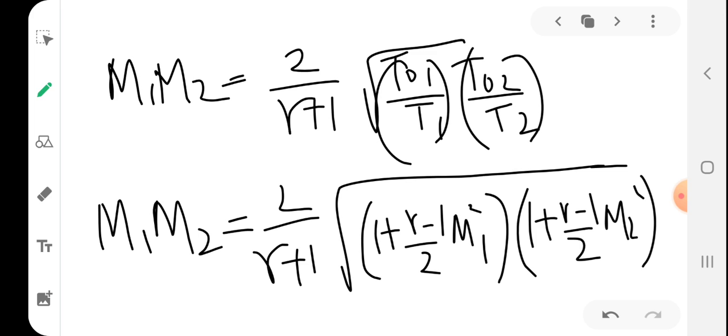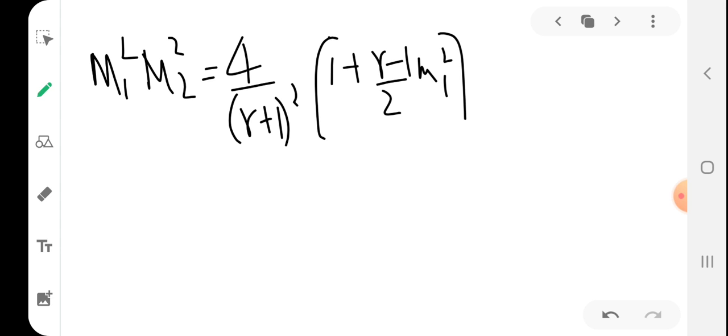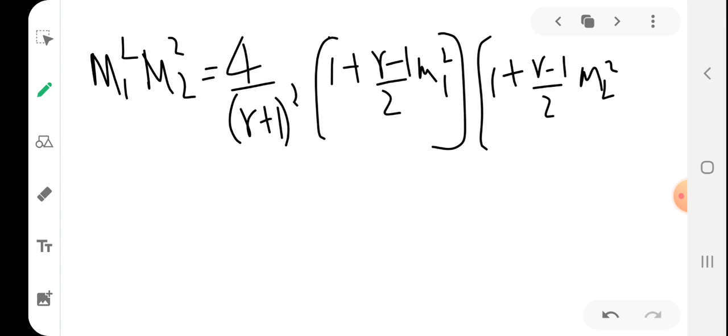Now in order to remove this root, you just square both sides. If you square both sides, M1 square into M2 square will be 4 by gamma plus 1 square into, the root goes, 1 plus gamma minus 1 by 2 M1 square into 1 plus gamma minus 1 by 2 M2 square.